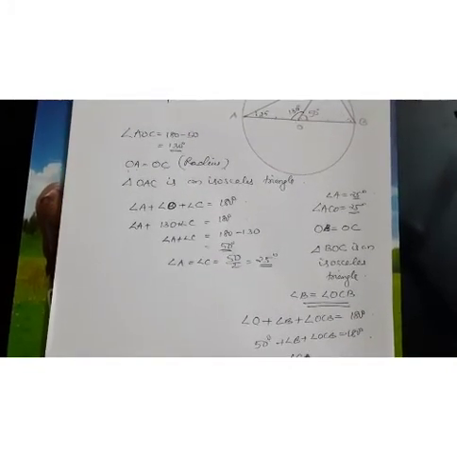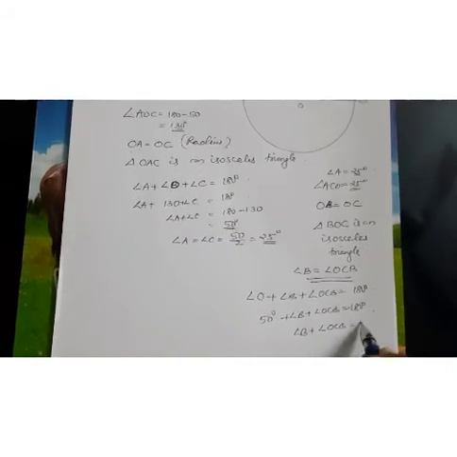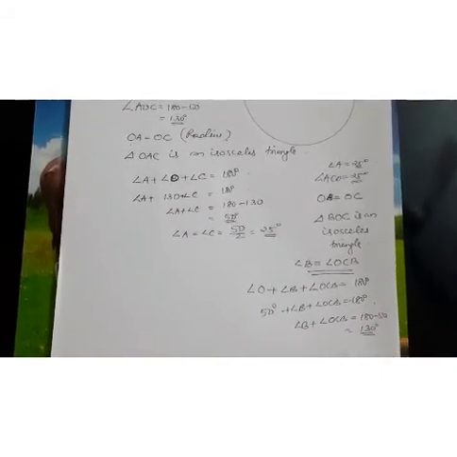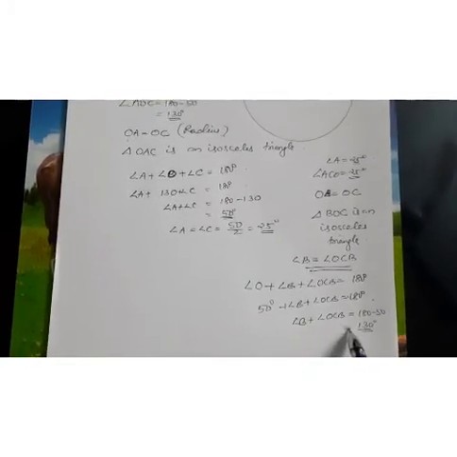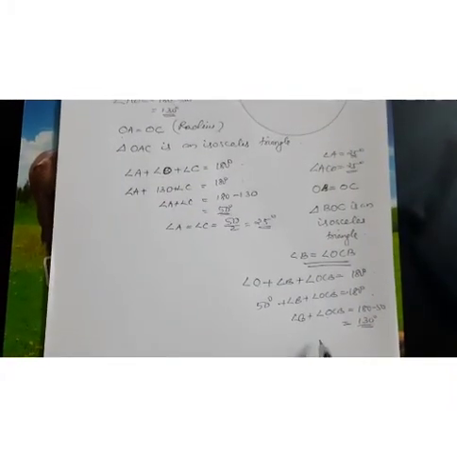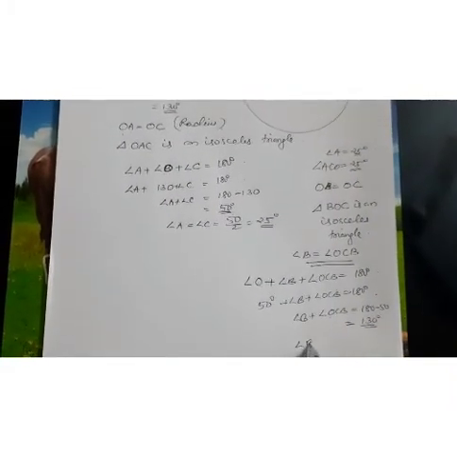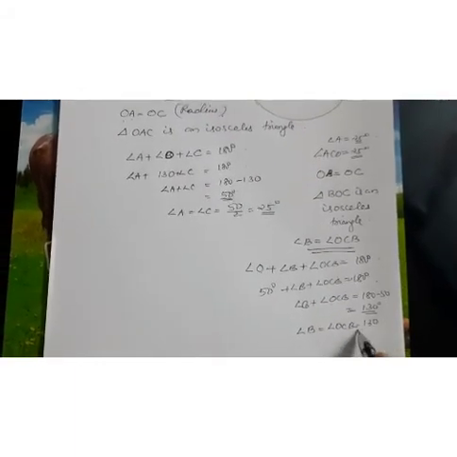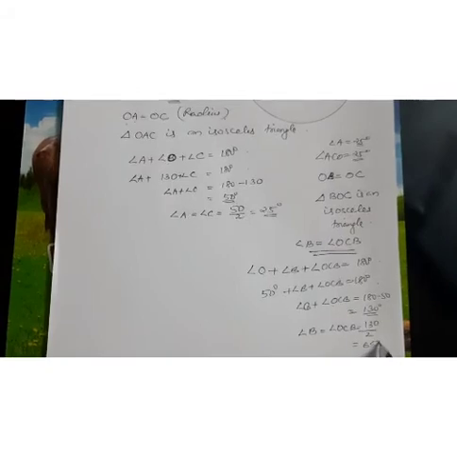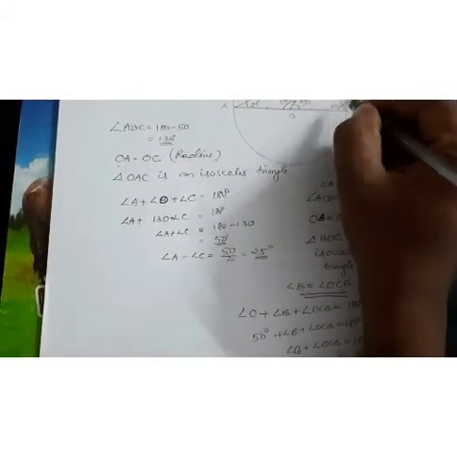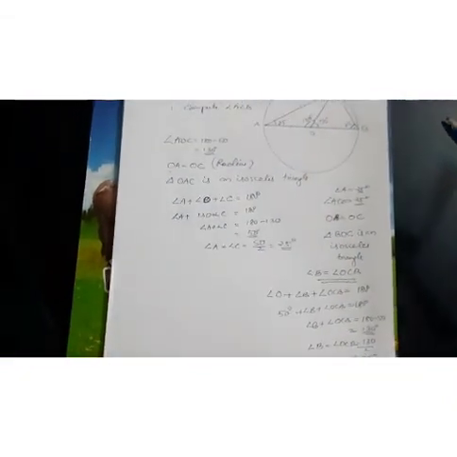So angle B plus angle OCB is equal to 180 minus 50. So you will get 130 degree. Then if this is 130 and these two sides are equal, we can write these two angles are equal. So angle B is equal to angle OCB is equal to 130 by 2. How much? It is 65 each. So this angle you got 65 and this also will get 65 degree.